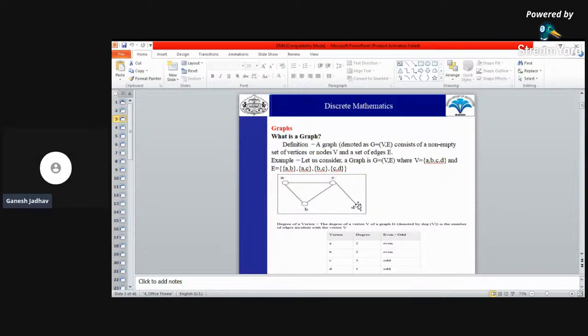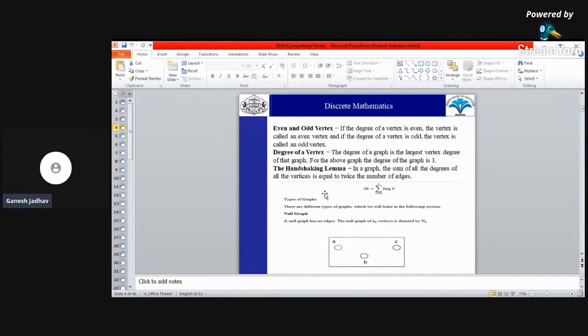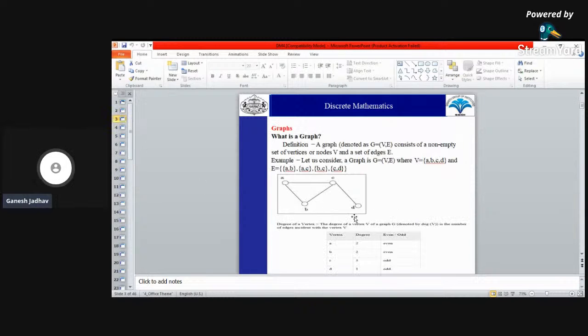So what do they say, the sum of all degrees of all vertices is equal to twice the number of the edges. So we also calculate the sum of all degrees: 2 plus 2 is 4, 4 plus 3 is 7, and 7 plus 1 is 8.